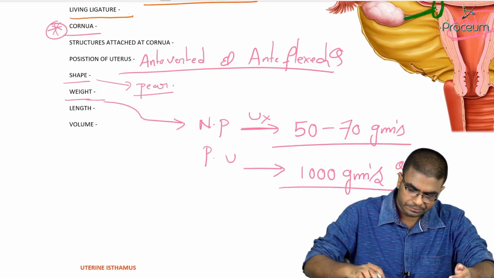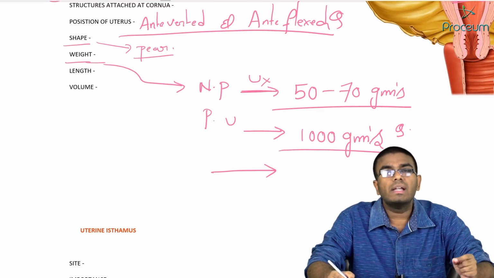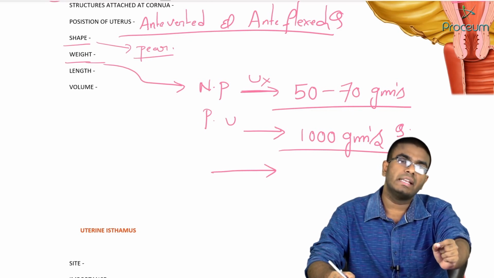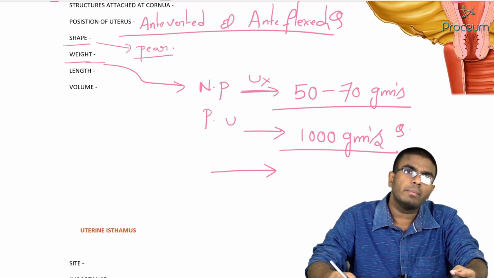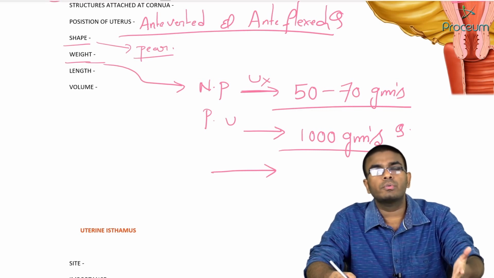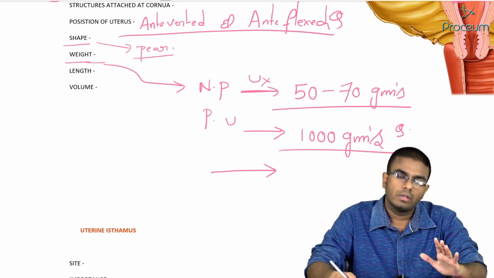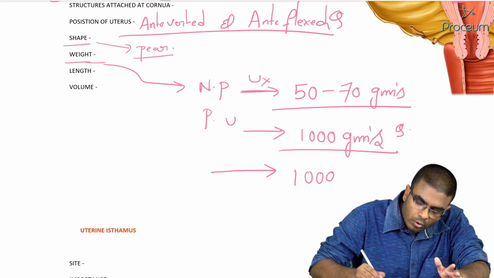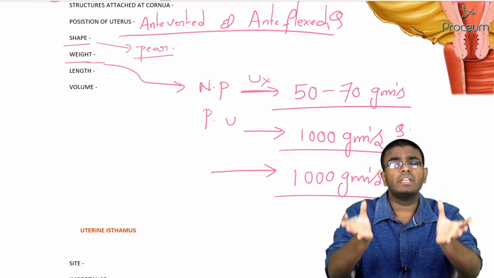Okay, now there is one more important MCQ they will be asking you. What is the weight of the uterus immediately after delivery of the baby? Immediately after the delivery of the baby, what do you think? What kind of changes will happen in the uterine wall? Uterus weight will still be 1000 grams. Suddenly after delivery, there are no changes in the uterus.